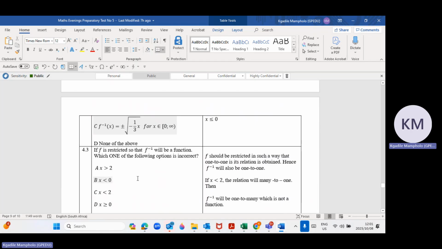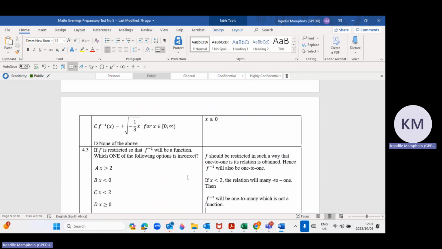Why is it C? Because we are not asking which one of the options is correct, but which one of the options will be incorrect. It's incorrect because if x is restricted to be less than 2, it will still be many to 1. And if it's many to 1, its inverse will be 1 to many, which will not be a function.